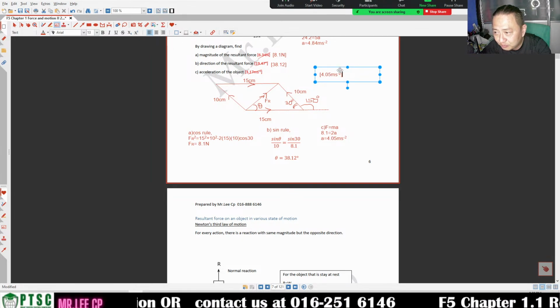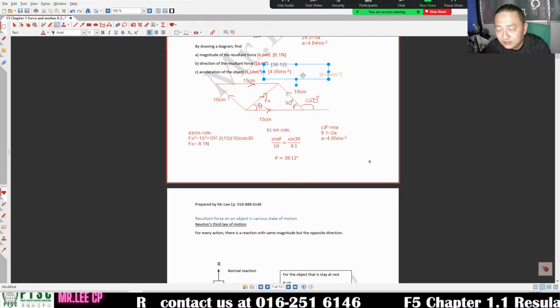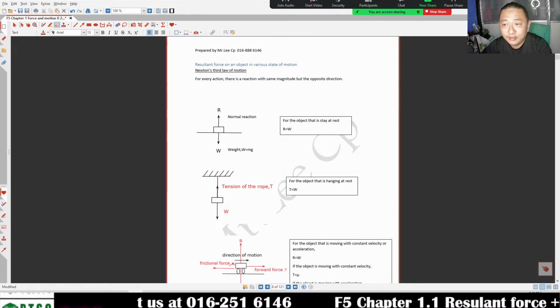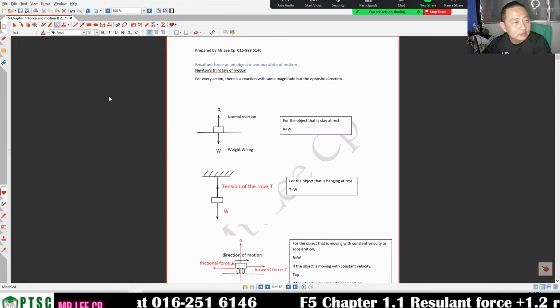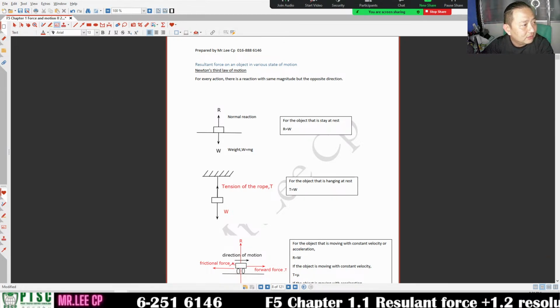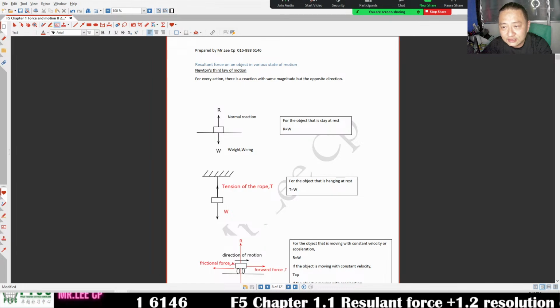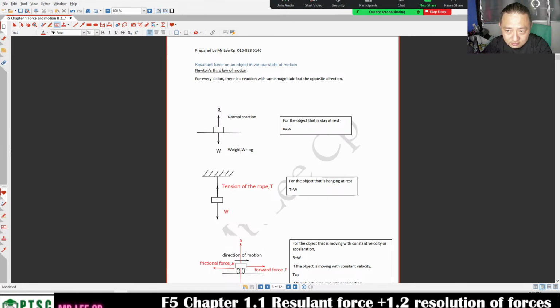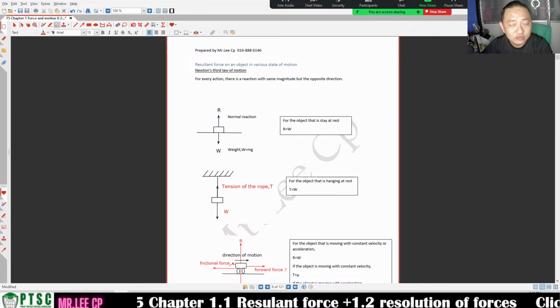I have finished part 1 already, which is 1.1, the resultant force. Okay, so I want to move to the second part now, resolution of force.